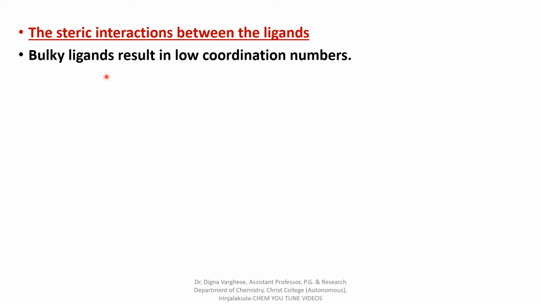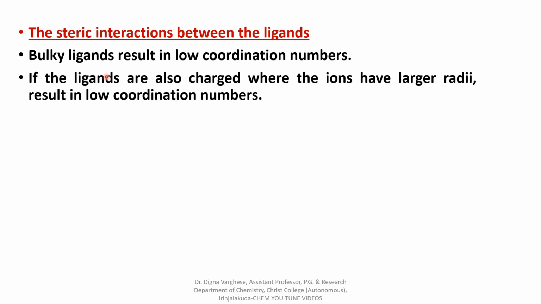So it prefers low coordination number, because when these ligands attach to the metal ion, there is more steric interaction. Due to steric interactions, repulsion occurs between the ligands. So it prefers low coordination numbers.